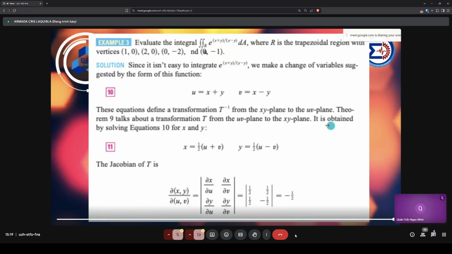It says here, it is obtained by solving the equations for x and y. So when you solve there the value of the x, your x here is equivalent to u minus y, correct, class?